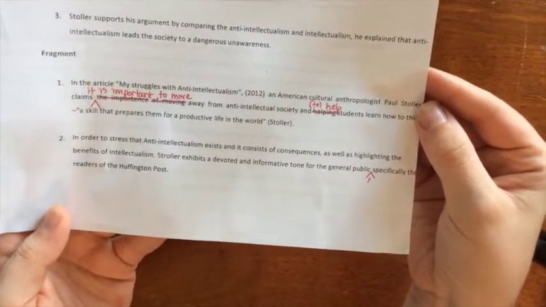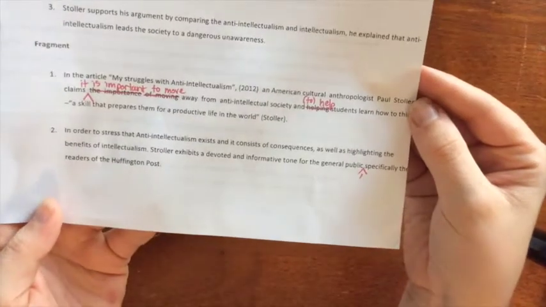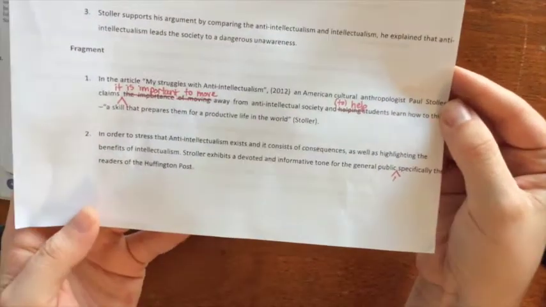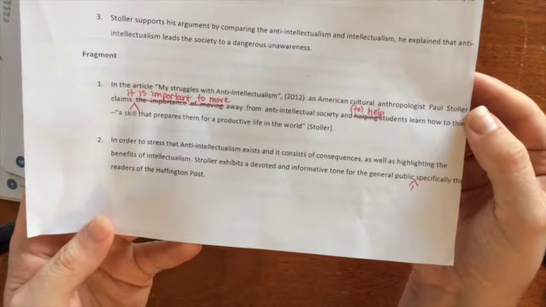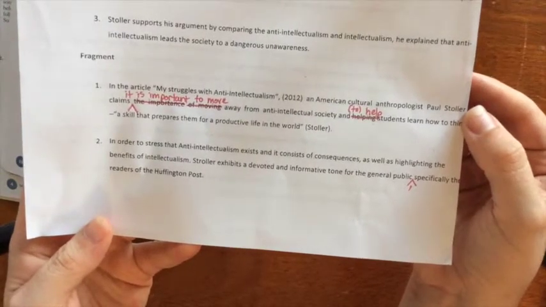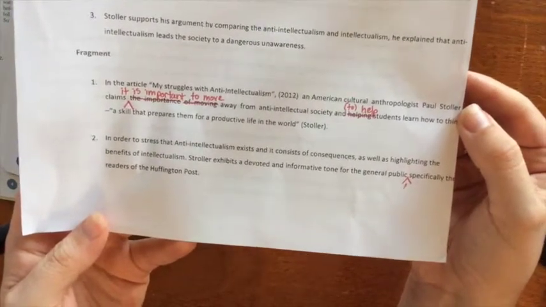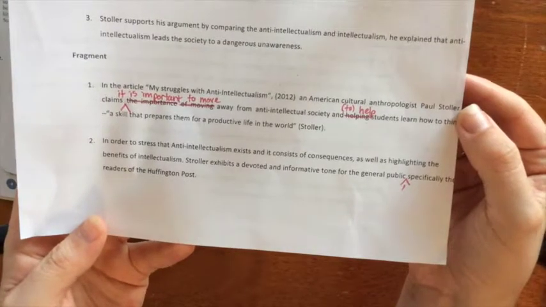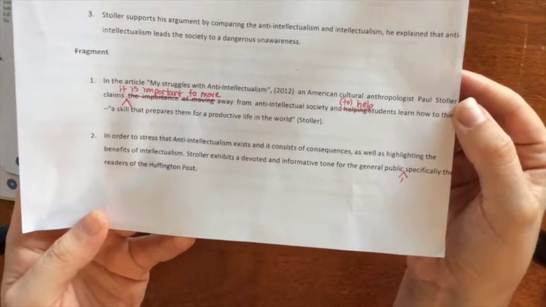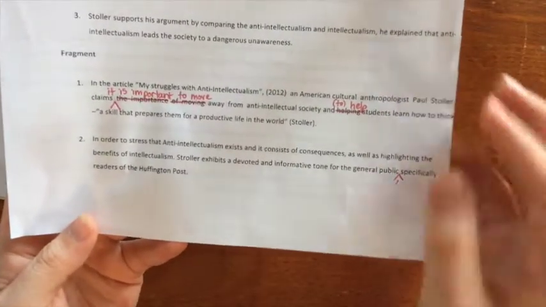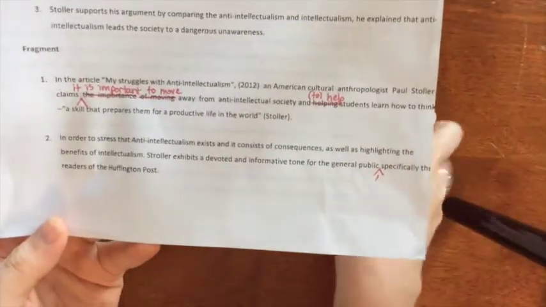How about the first sentence? In order to stress that anti-intellectualism exists and it consists of consequences, as well as highlighting the benefits of intellectualism. All right, let's look at some more rules so that we can see what rules can help us fix this sentence. So we've done rules 1, 2, and 3 on page 19.